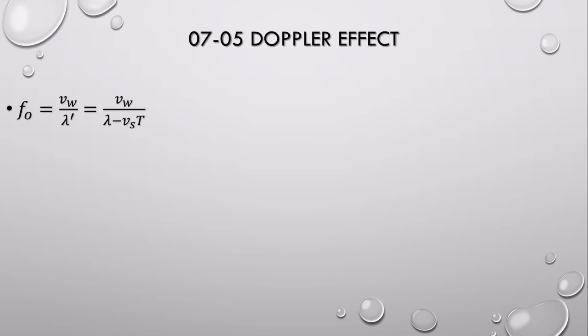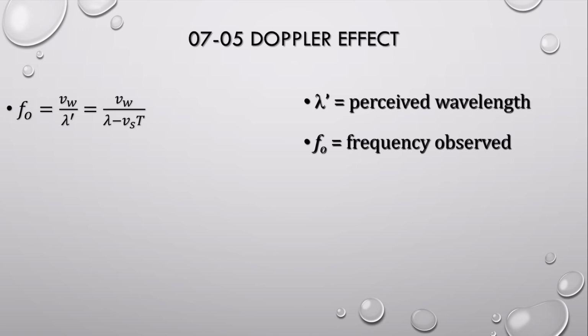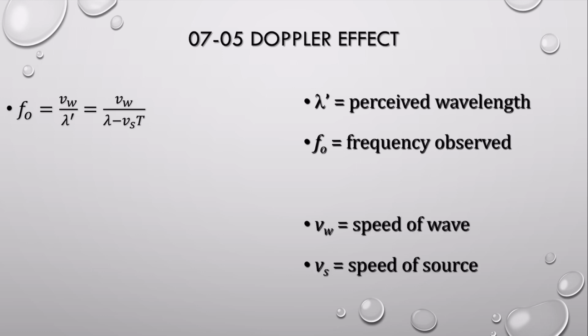Alright, the observed frequency then is the speed of the wave over the perceived wavelength, because speed is frequency times wavelength. But our perceived wavelength was the regular wavelength minus the speed of sound times the period. Our wavelength is the speed of the wave over the frequency of the source.